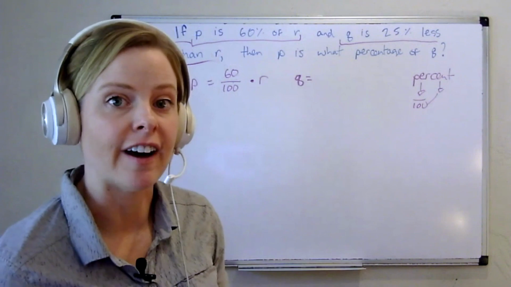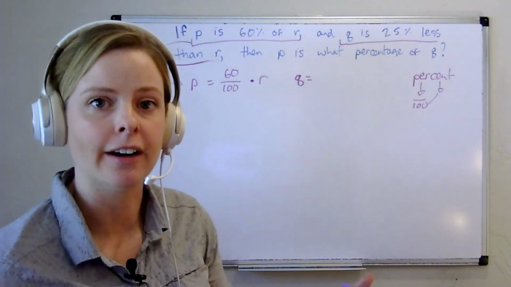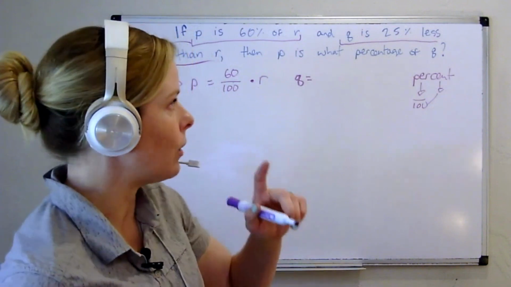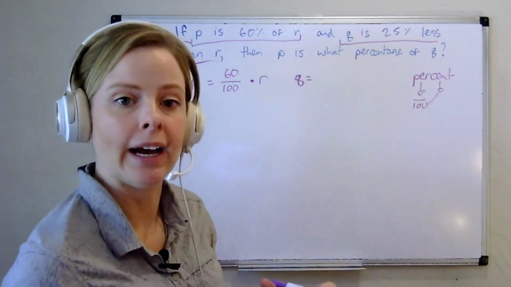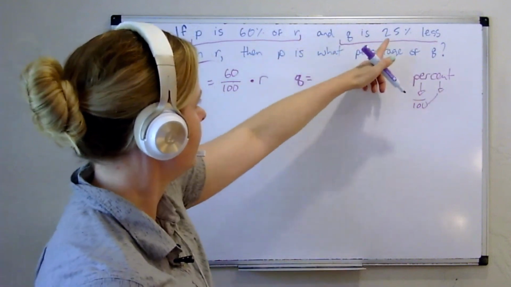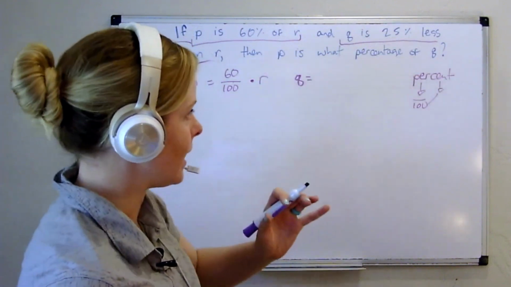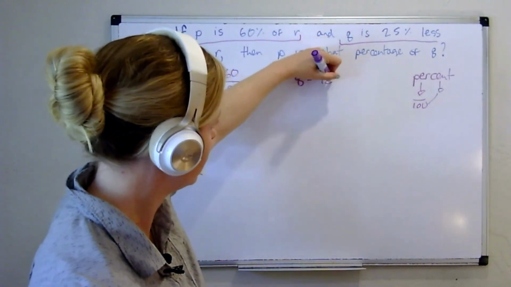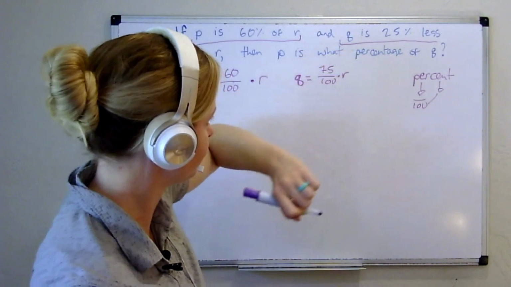You're left with 75% of that thing. So if you had $100, take away 25, you've got $75 left. I think that thinking about what I have left is much easier than doing the subtraction. So I just say 25% less than means the same as I've got 75% left. So 75% of, multiplied by R.